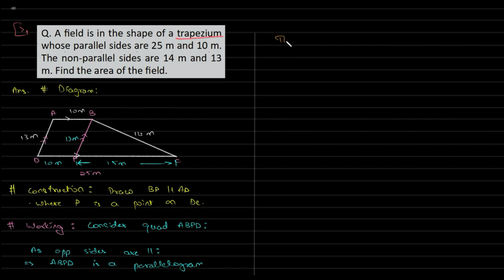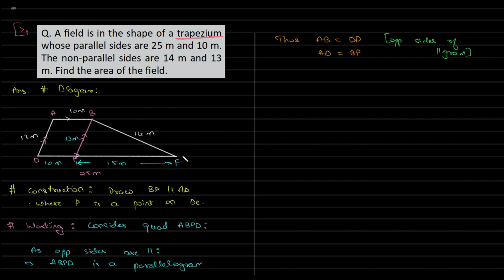Now we'll write AB is equal to DP and AD is equal to BP. So opposite sides are equal. We need to write opposite sides of a parallelogram. With this knowledge, we can continue working with each figure.